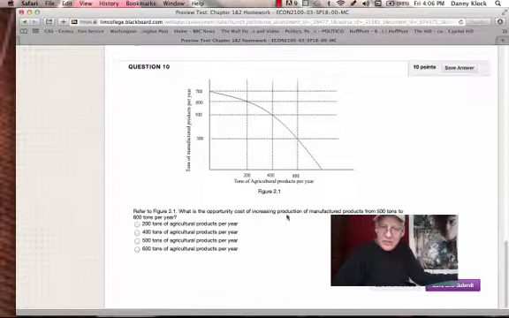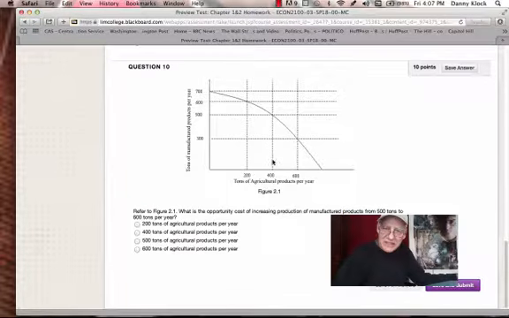What is the opportunity cost of increasing production of manufacturing products from 500 tons to 600 tons, right? So again, I've got manufacturing products here on my y-axis. If I go from 500 to 600, I'm going from here to here. I'm increasing that.